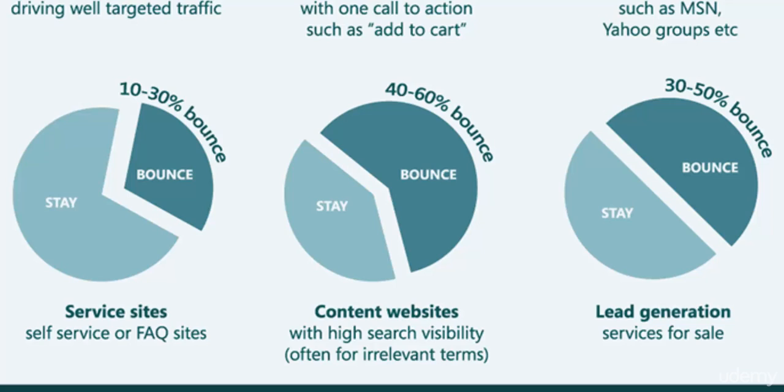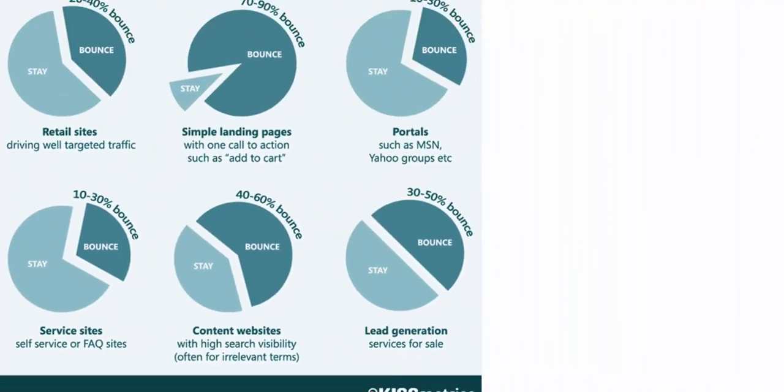These websites usually get high search engine visibility, often for irrelevant terms. So, their bounce rate often stays between 40 to 60%. If you target more relevant terms in search engine, and if you can reduce your bounce rate below 40%, then there is a sure shot to get top 3 rankings in Google search page.